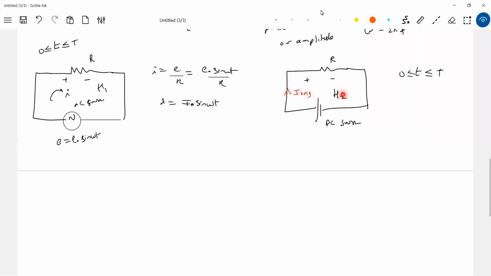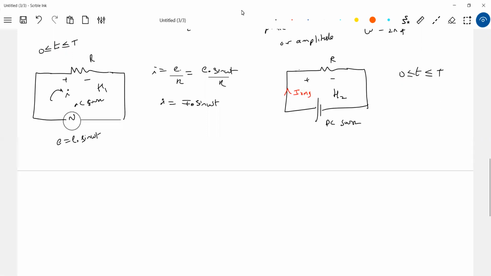If the same amount of heat is generated in the same interval of time across the same resistor, then shall I say this current is equal to this one? I'll call that direct current the RMS current. I'll give it a good name. If you want, you can write some other symbol, I dash or I DC, whatever. I'll call this current RMS here.